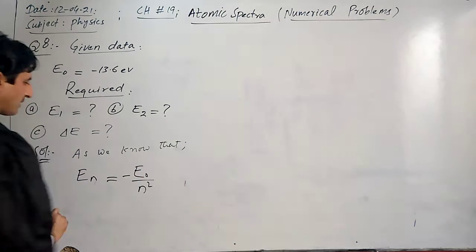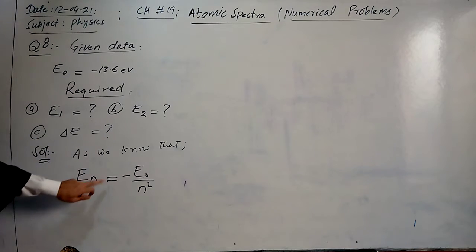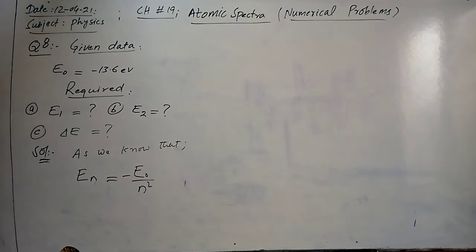This is the general formula, and we have to put the values in it. Now if we replace n by 1, we get E1 equal to minus E naught divided by 1 square.